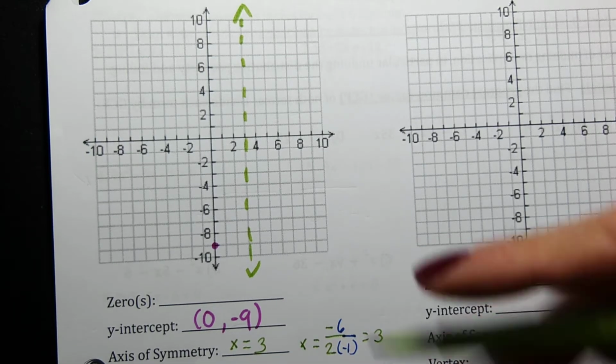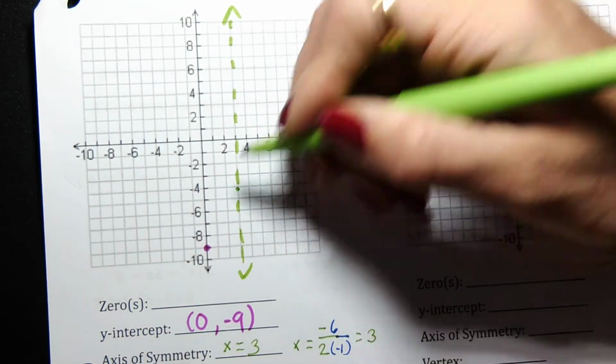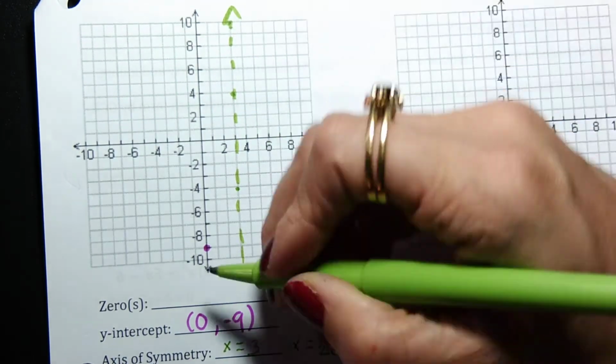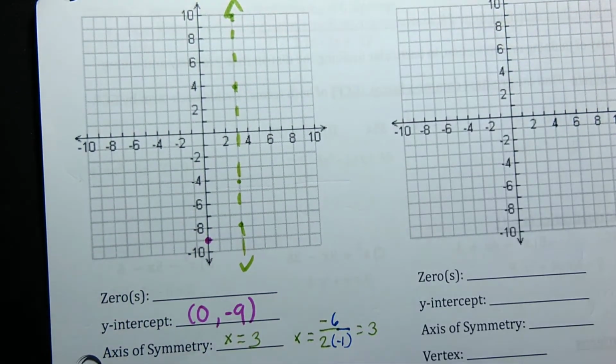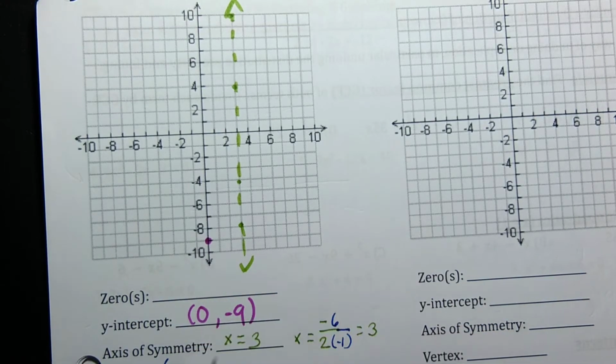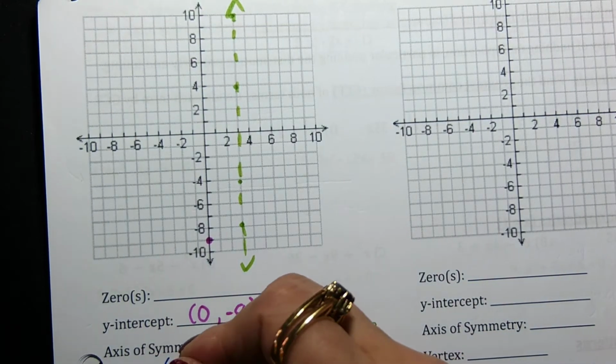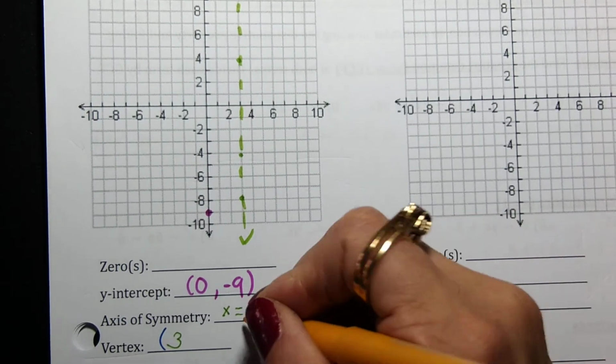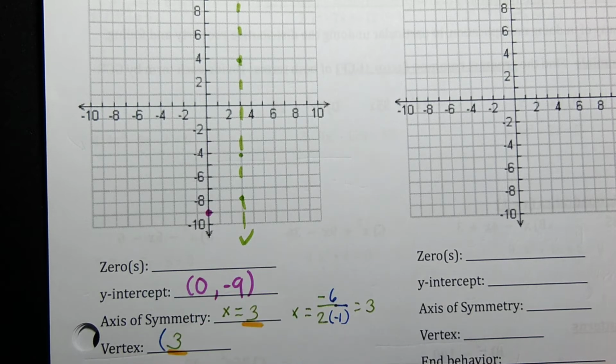Now we don't know if it's at 3, -4, or 3, +4, or 3, 10, or 3, -8. But what do we know about the x value? It's got to be 3. So your axis of symmetry always tells you the x part of your vertex.